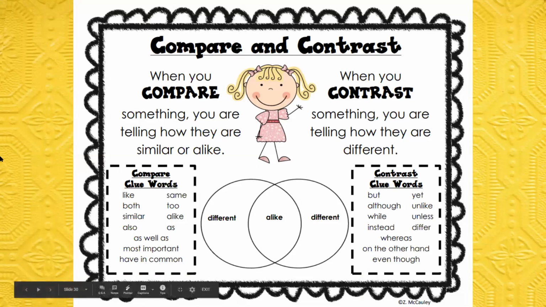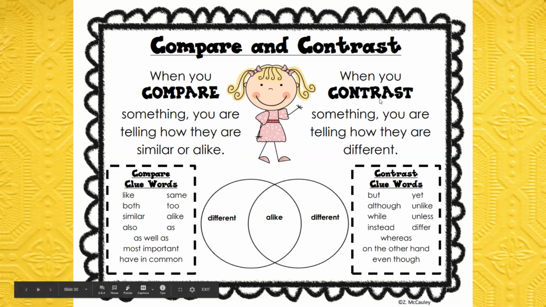All right. So let's look at our keywords, our compare clue words. Let's read them together. Ready? Let's read. Like, same, both, too, similar, alike, also, as well as, most important, have in common. All of those words are words we would use to compare.